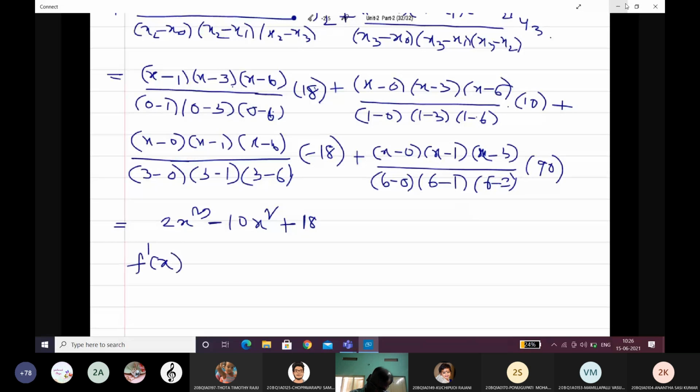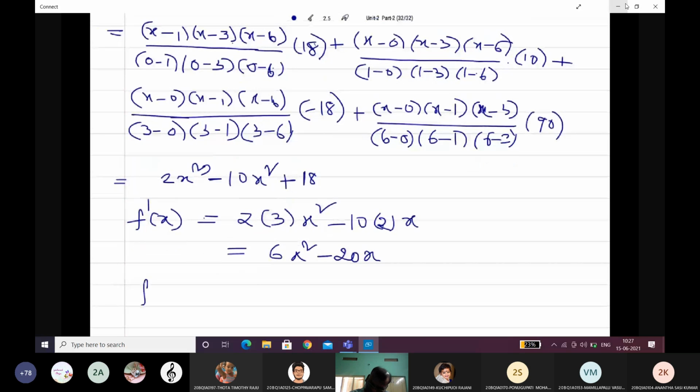Now, f dash of x is equal to the derivative, 2 into 3 into x square minus 10 into 2 into x. That is equal to 6x square minus 20x.